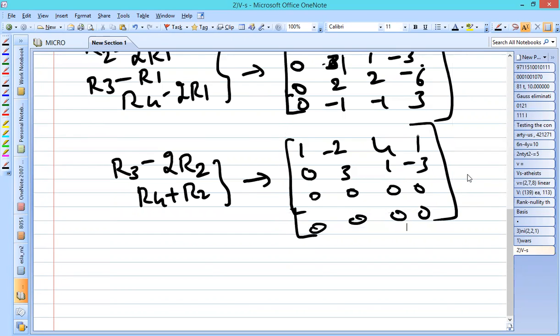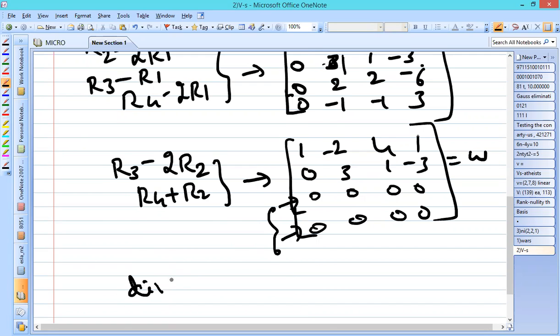Here you can see that the third and fourth rows became 0, so there are two non-zero rows present. What is the dimension of this reduced W? The number of non-zero rows is 2, so that is the dimension.